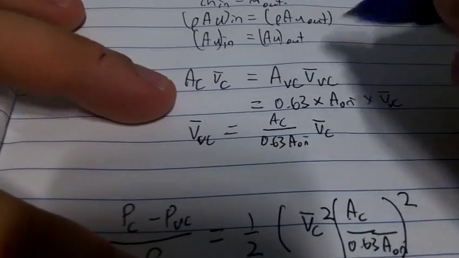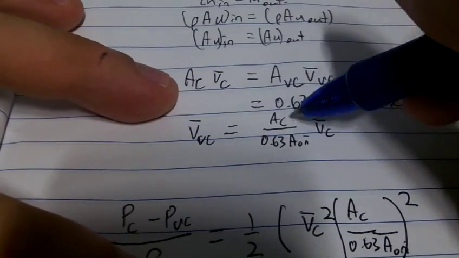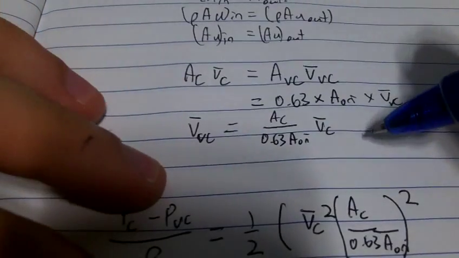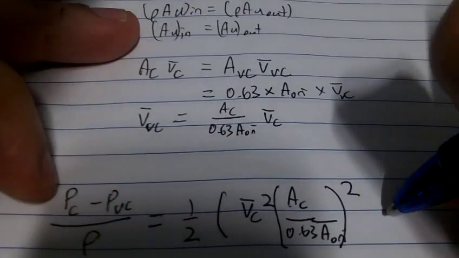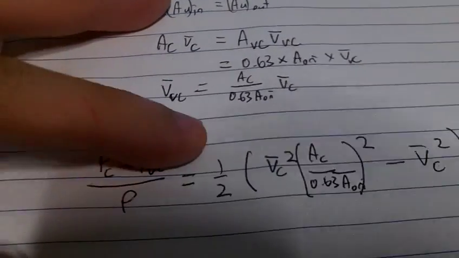Remember that V_VC is A_C over 0.63 times A orifice times V_C. You square both sides, so you have to square this constant as well, and you subtract V_VC squared at the back.